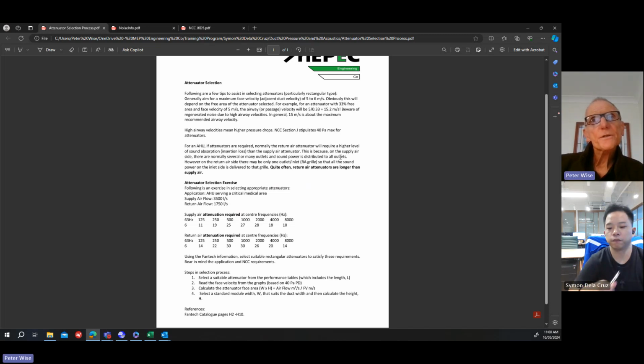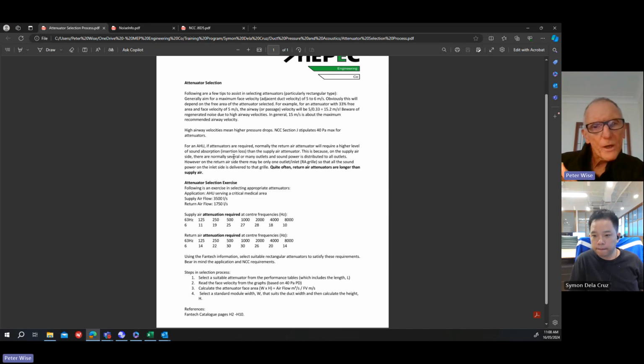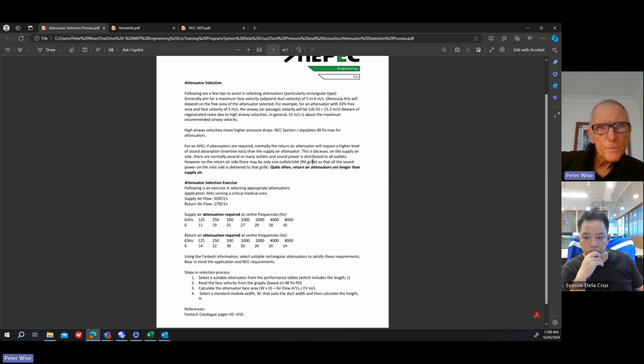This is because on the supply air side, there are normally several or many air outlets, and the sound power is distributed to all these outlets. So it doesn't just go to one, it goes through the whole system. But on the return side, there might be only one outlet or inlet, return air grill, which is quite common. So you might have several supply air grills, but only one return air.